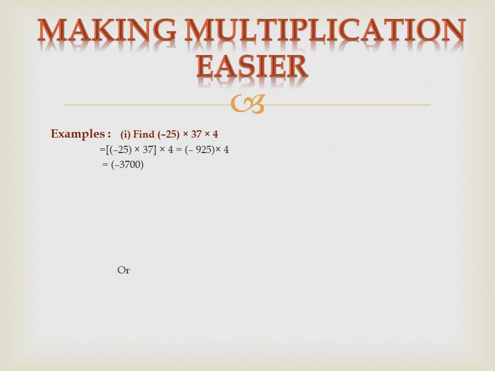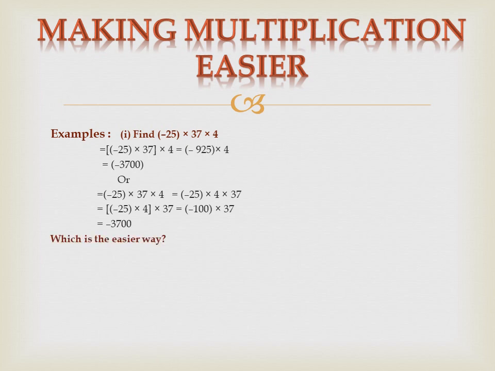Second method, negative 25 into 4 into 37. First we grouped negative 25 and 4 together and that answer we multiplied with 37. Here we got negative 100 into 37 is equal to negative 3700. Obviously, the second way is easier because multiplication of negative 25 into 4 gives negative 100, which is easier to multiply with 37.